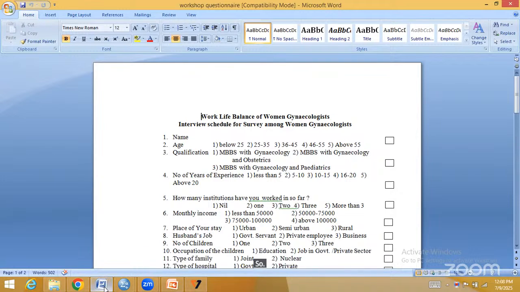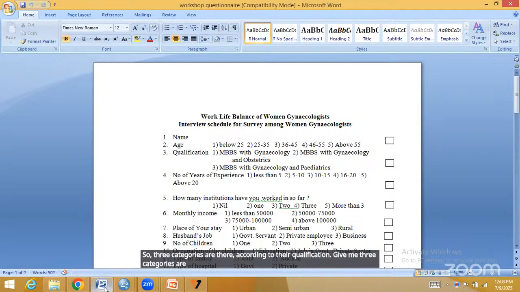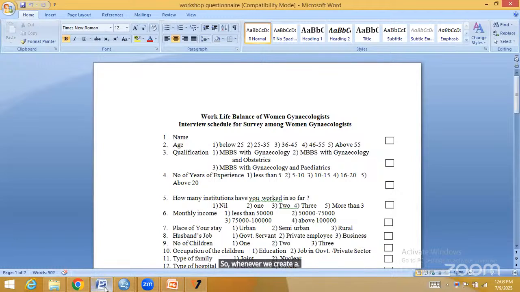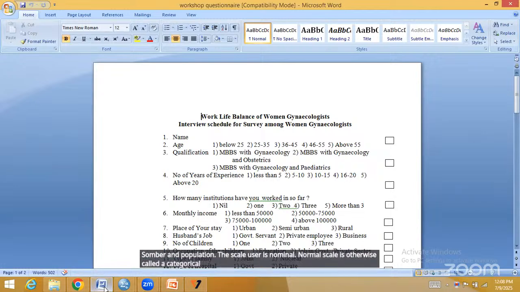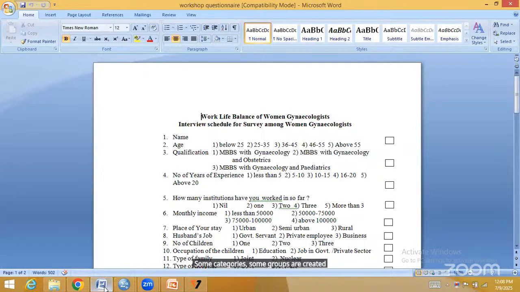So 3 categories are created by the researcher in the population and in the sample. Whenever we create a particular number of categories in our sample and population, the scale used is nominal. Nominal scale is otherwise called categorical because some categories, some groups are created in the population and the sample.